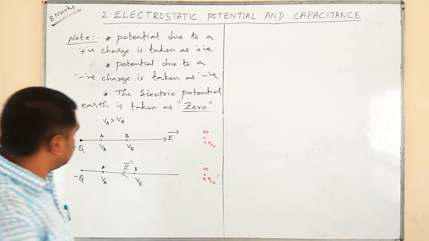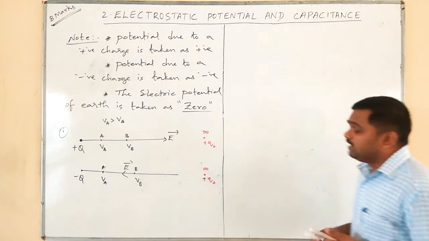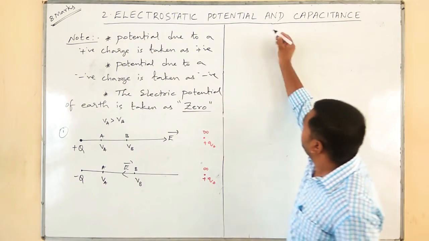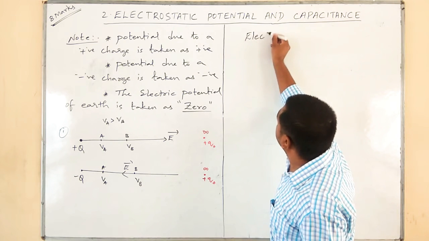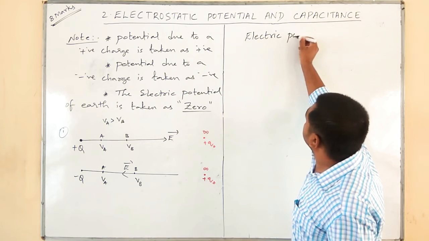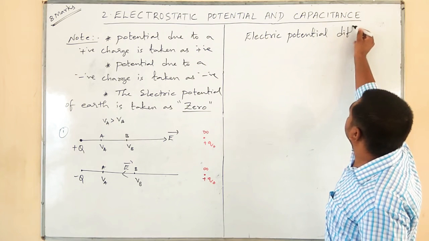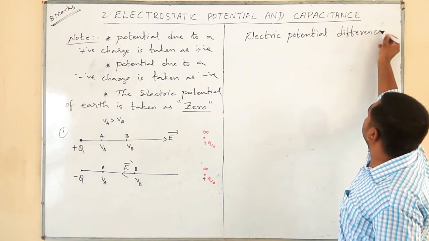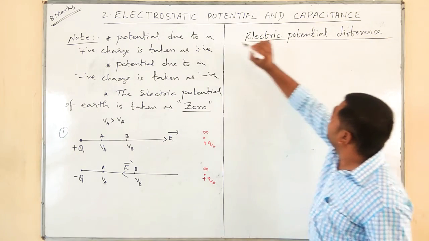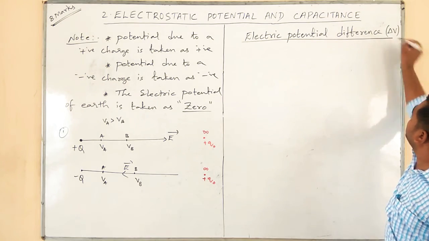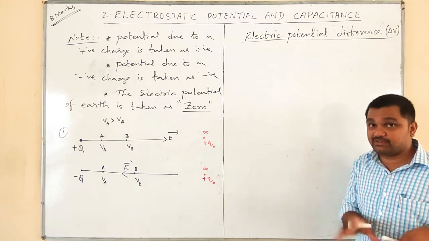Okay. Next, let us discuss the same type of concept: electric potential difference. We usually represent electric potential difference in terms of delta V, since it is the difference.